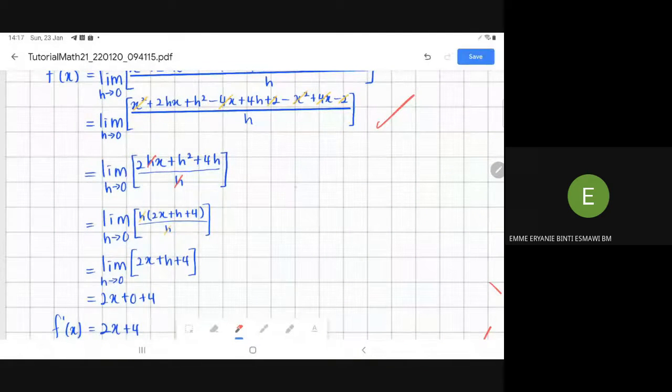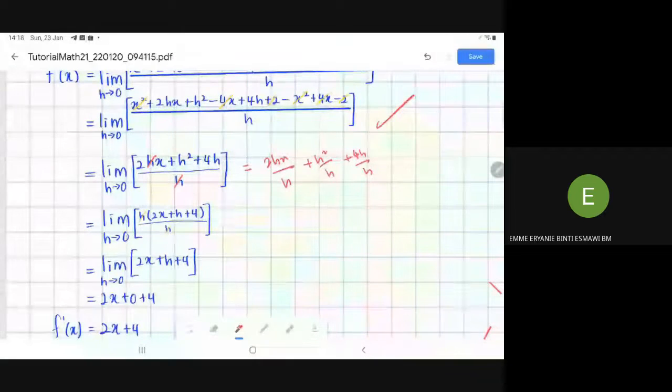Sebab dia macam, okay, this is pecahan. Pecahan maksudnya kita boleh pecahkan dia kepada beberapa pecahan mengikut denominator yang sama. So if we have 3 terms on top of the denominator, that means we can have 3 different fractions.